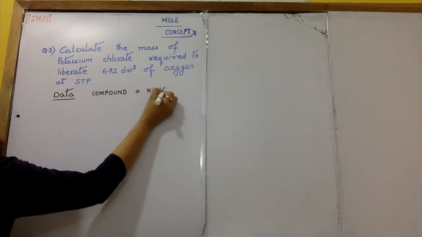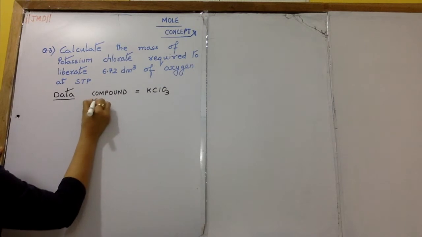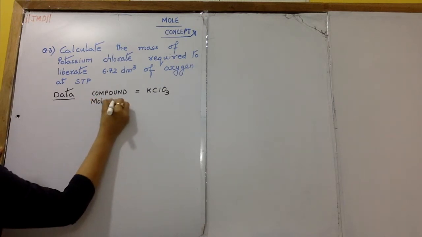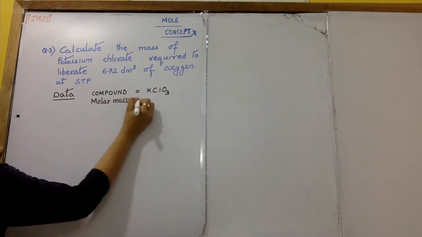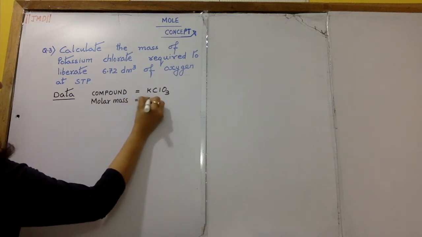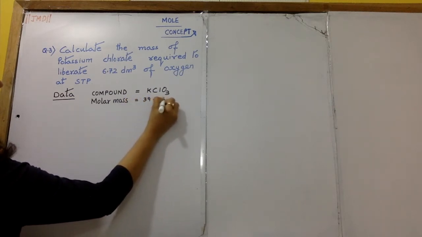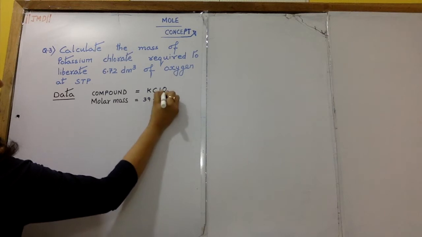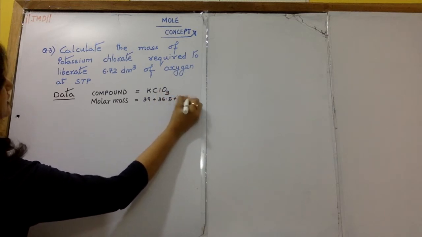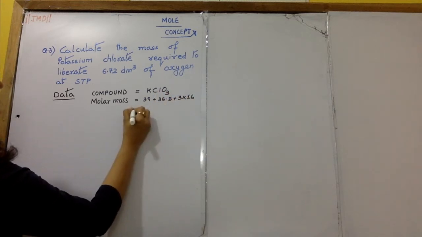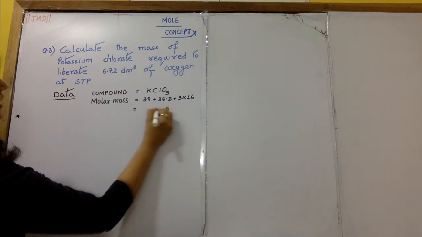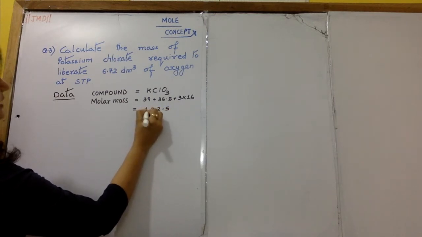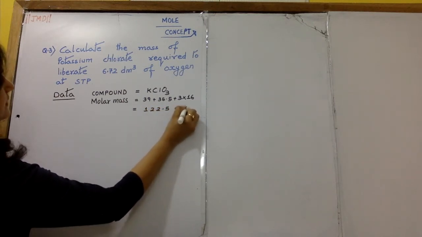Formula is KClO3. Here only we will find its molar mass because we will be requiring it later on. So K is 39 plus Cl is 35.5 plus 1 oxygen is 16, so 3 into 16.